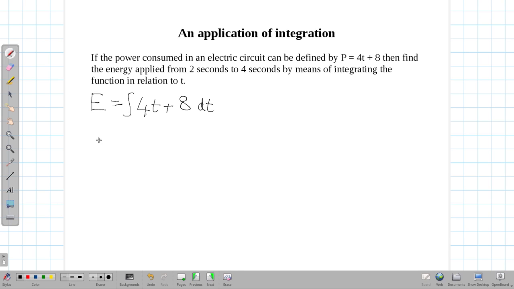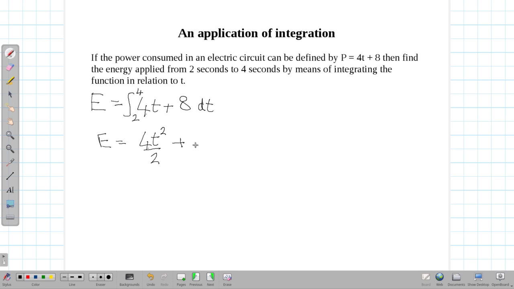Okay, so if we solve this, 4t becomes 4t to the power 2 divided by 2, plus, sorry, I forgot my limits here, didn't I? 2 to 4. Okay, so we've got our limits from 2 seconds to 4 seconds.